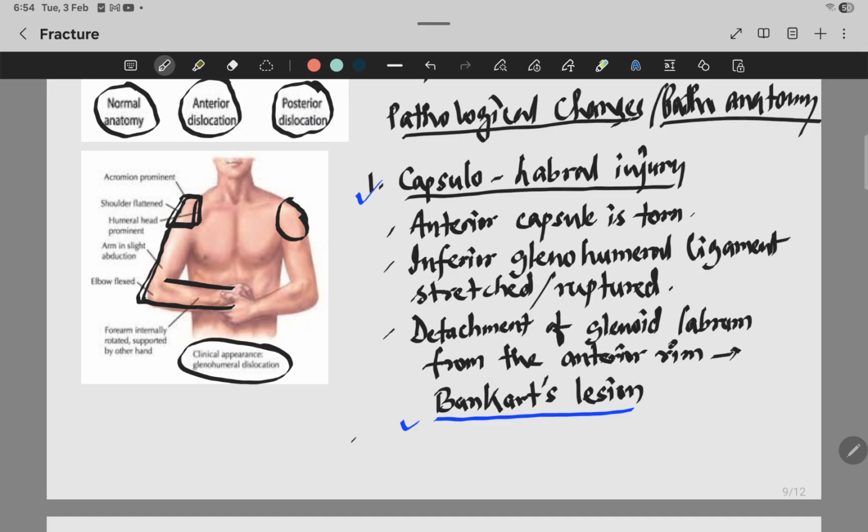And next will be the prominent acromion process. You will not see it here, but here the acromion process is prominent. Okay.